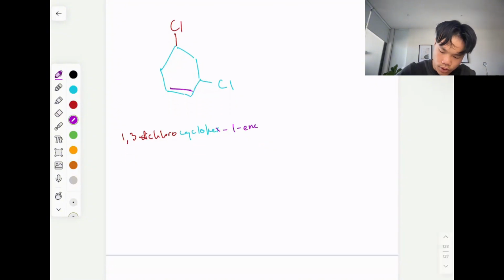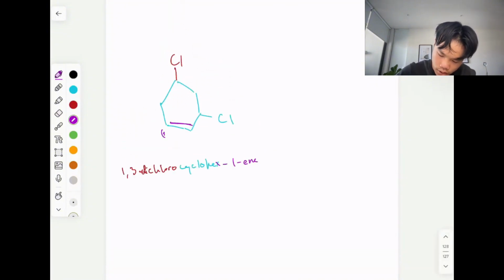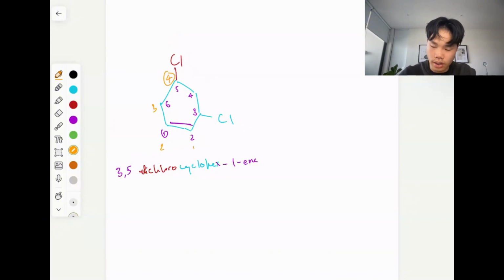The lowest point of difference comes about if you number as 1, 2, 3, 4, 5, 6, because that would mean the first chlorine you name has 3, and then you have 5. Dichlorocyclohex-1-ene. But if you tried to number the other way, the first chlorine would be 4. That's not as good.